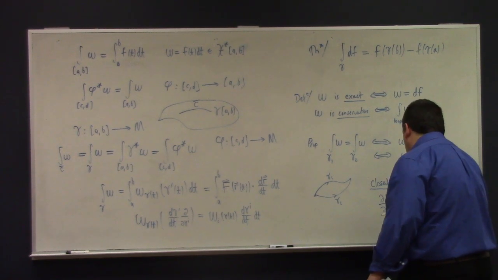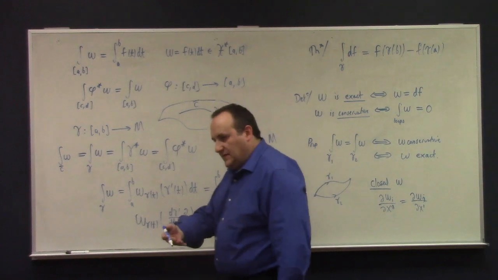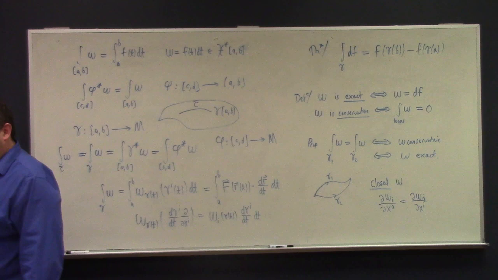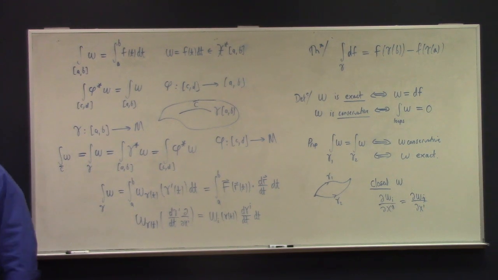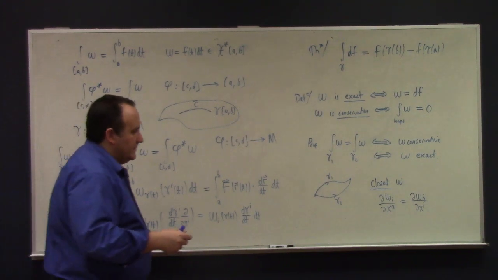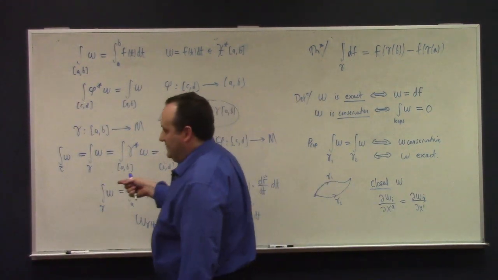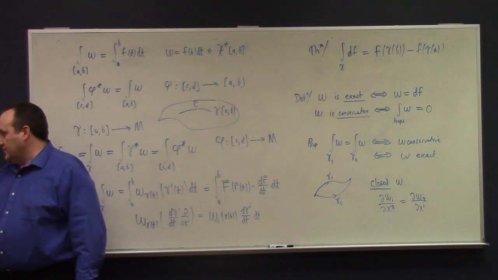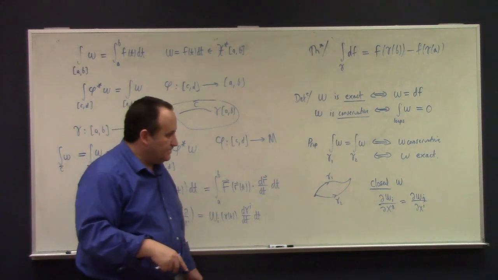So you might recognize this as the exactness condition from differential equations, like partial y of M is equal to partial x of N. Or you might recognize it as the curl condition from Calculus 3, like the curl of a vector field being 0. What that means is that the mixed partial derivatives of components of the vector field with respect to the variables which are not present have to be matching. Like, for instance, this thing right here is actually a closed form. The d theta is closed, as it turns out.